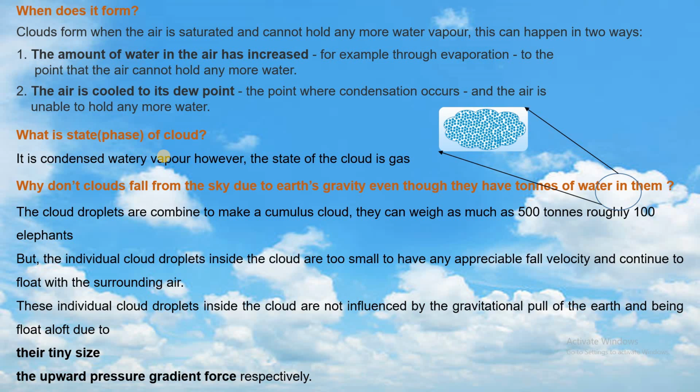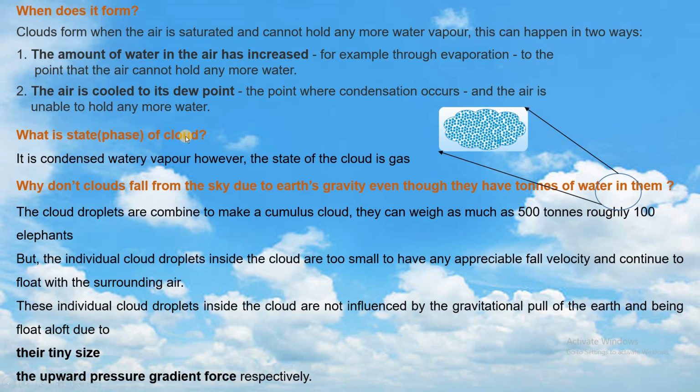Actually, a cloud forms only when the gaseous water vapor changes from gas to liquid by the process of condensation, right? Condensation means changing the state from gas to liquid. Okay, then why do we call the state of the cloud simply a gas instead of a liquid or a solid?